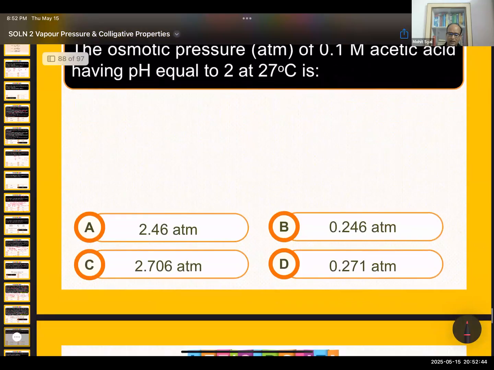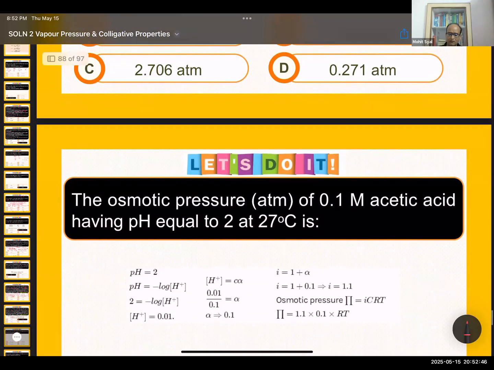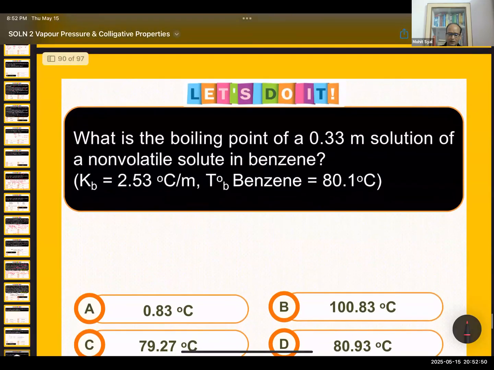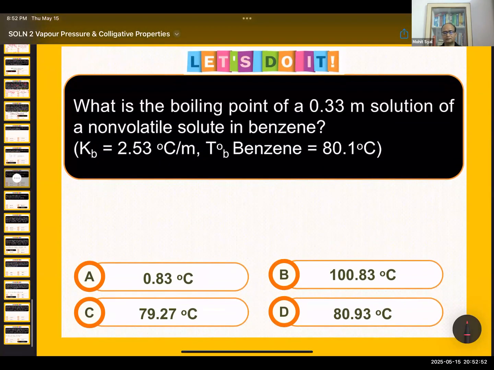This is from the 11th class concept, so as of now you can leave it. This is easy, not very difficult, and I hope you can do it.